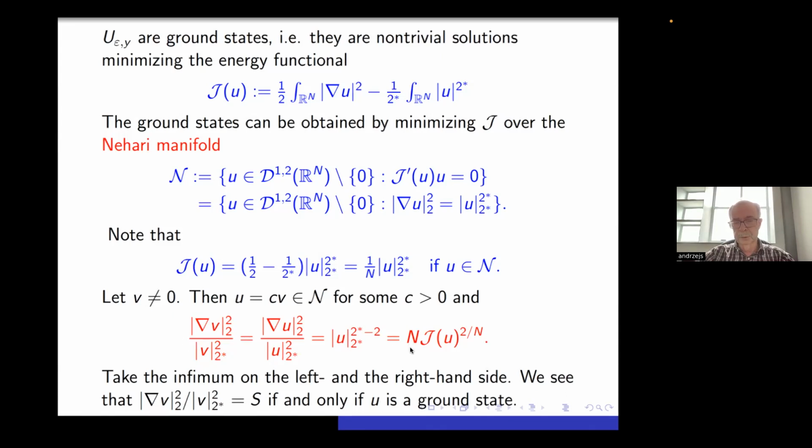And it's also equal to N J of u to the power 2 over N. Now if one takes the infimum on the left-hand side, then one will get S, the Sobolev constant, and one will also get an infimum here. So in other words, this will be equal to the Sobolev constant if and only if u is a ground state.